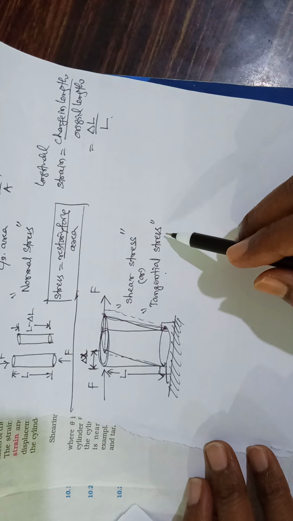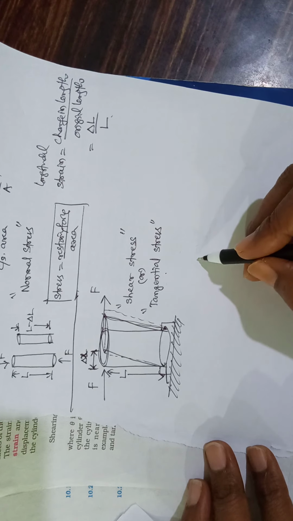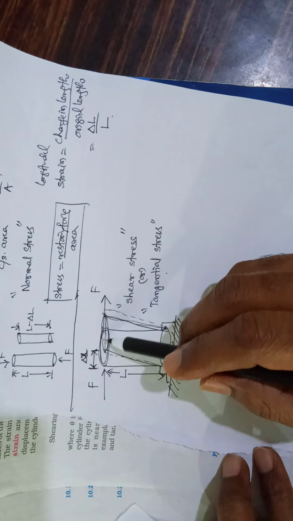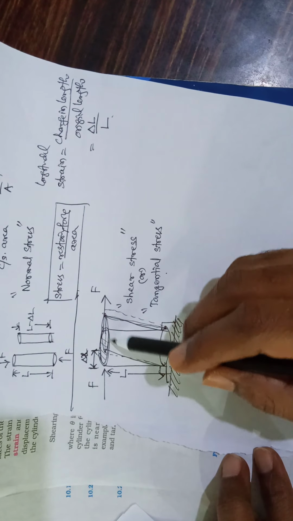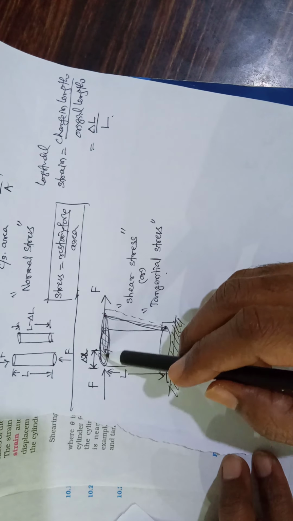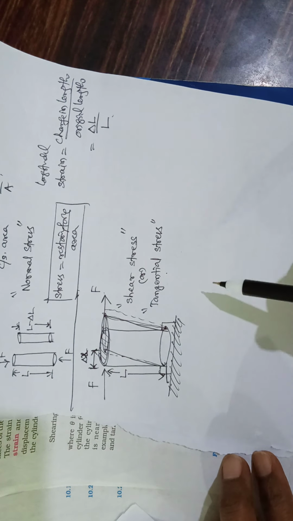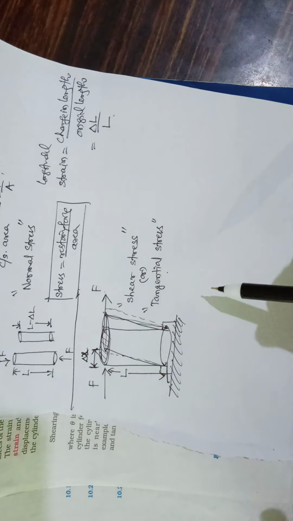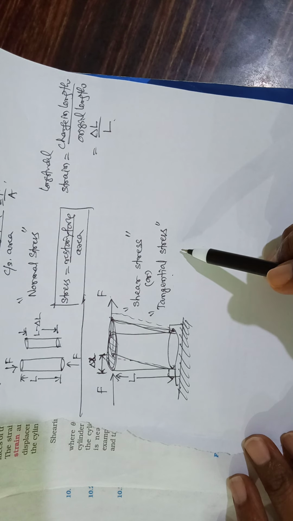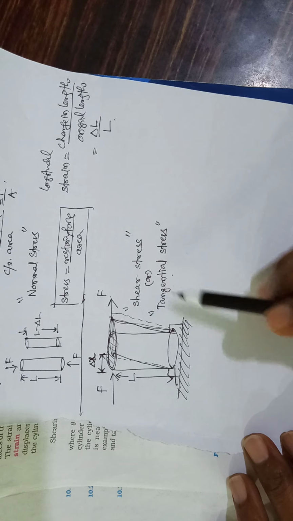Why tangential stress? Here the force applied is parallel to the cross-sectional area. The force is a tangent to the surface. That's why the stress is called tangential stress. Then how is it measured?